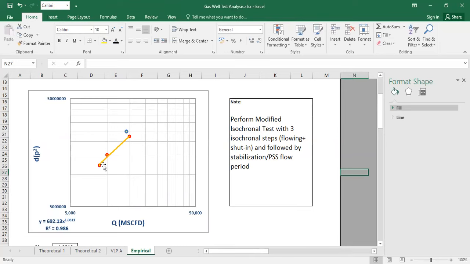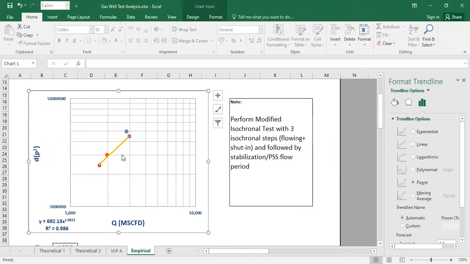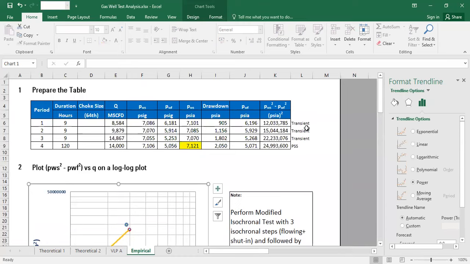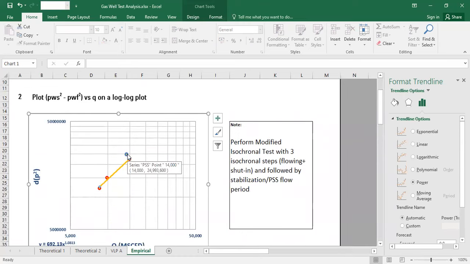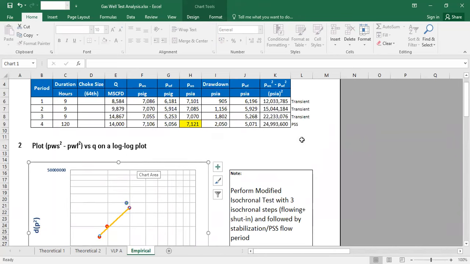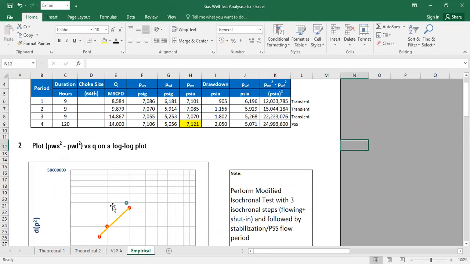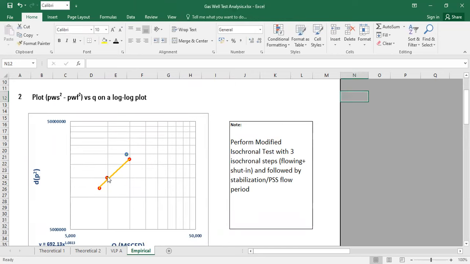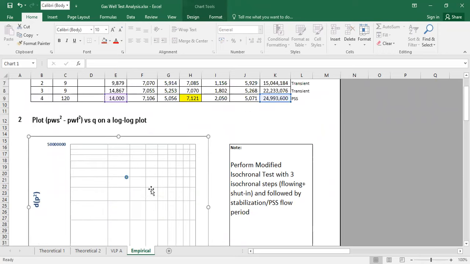So we have the regression using the 3 transient periods. All right, and the last one is the stabilization period, or the PSS period. But we can start from scratch again.